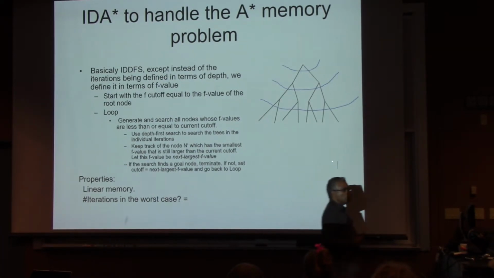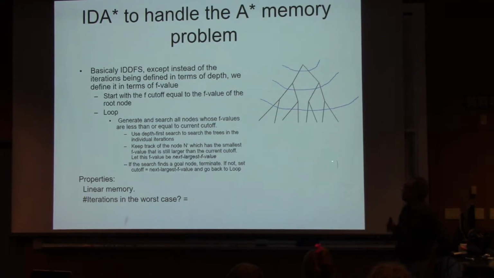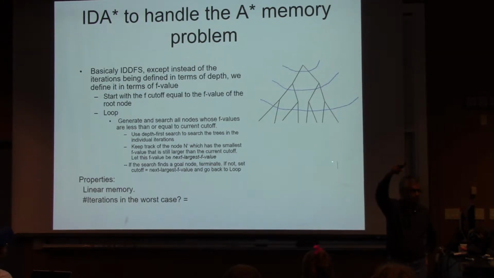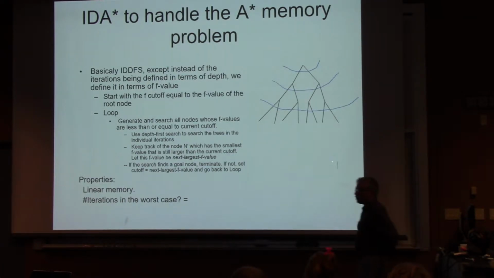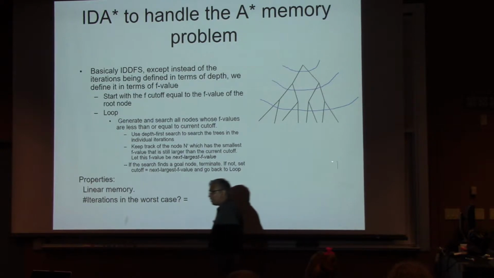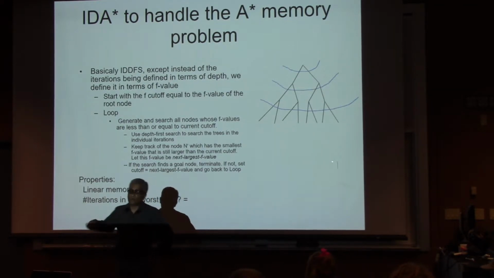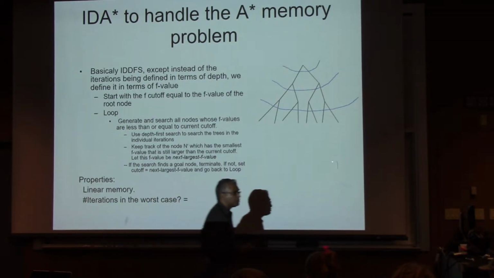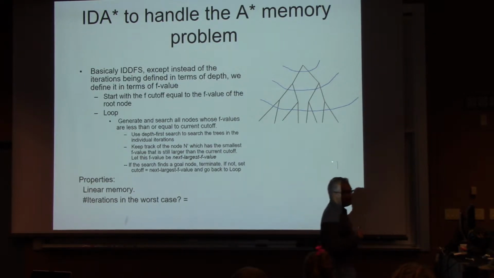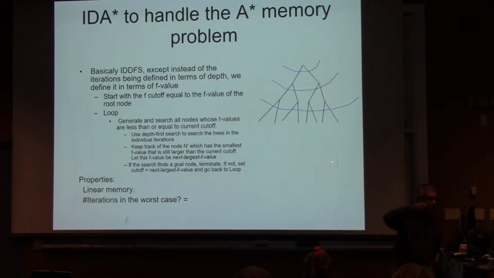So you do IDA-star search by essentially increasing the F contour limit. First you start with the F contour limit being F0, and every search node which has an F value less than or equal to F0 is part of the current tree. Then you increase it from F0 to F1, and F1 is the next F value.